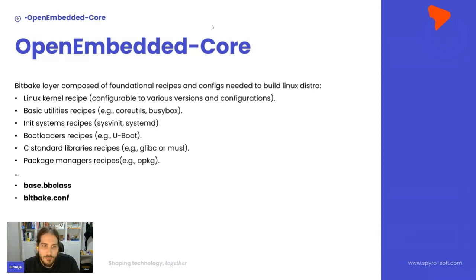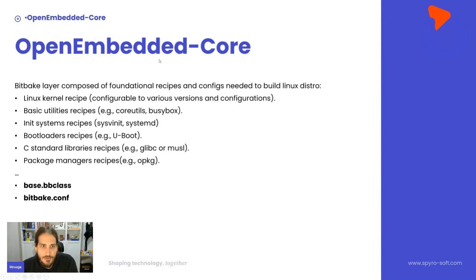You also have a choice between different C standard libraries, or package managers, and a lot of other recipes. But it also contains base BB class that we explained before, and it also contains BitBake config. So the 2 files that were required by BitBake.